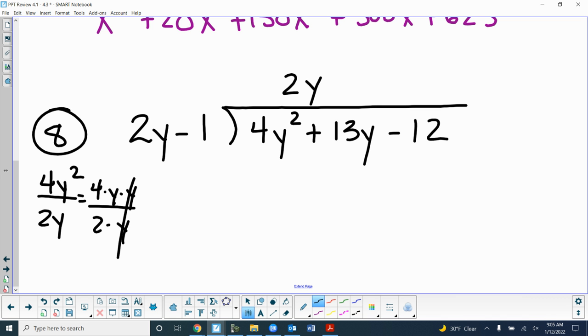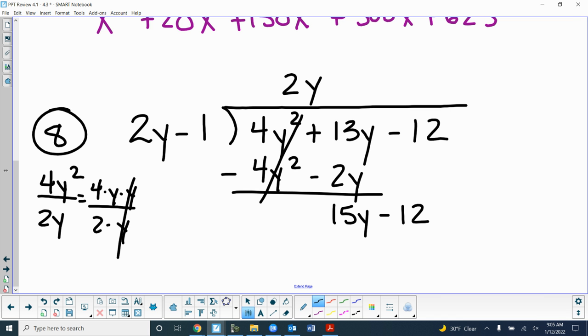Now I take this 2y and I multiply it by these two. 2y times 2y, and 2y times negative 1. And then I subtract. Okay? So this is 13 minus negative 2, which means adding 2, right? So it's 13 plus 2, so it's 15y.